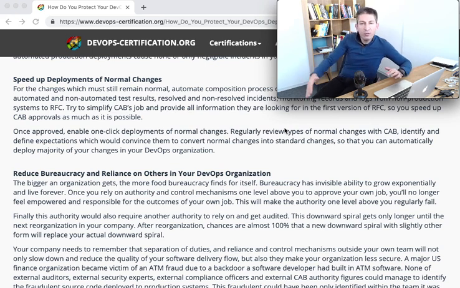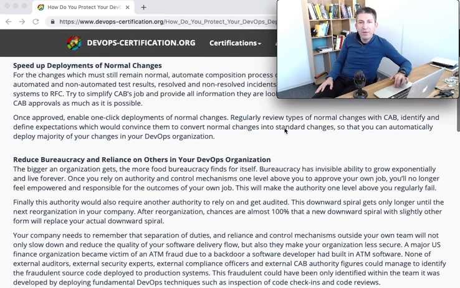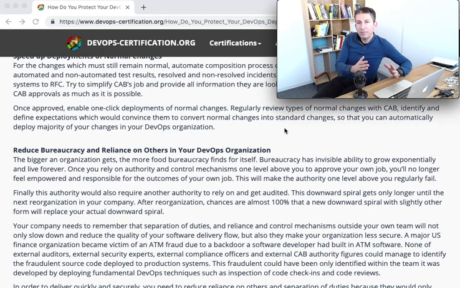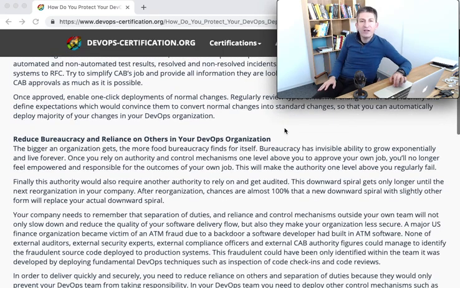So you need to work with them quite productively and closely to understand what their expectations are, because the fewer normal changes you have in your organization, this will not only simplify and speed up your job as a DevOps team, but this will also simplify the job of your CAB experts, so that they can focus on more critical aspects in their organization.